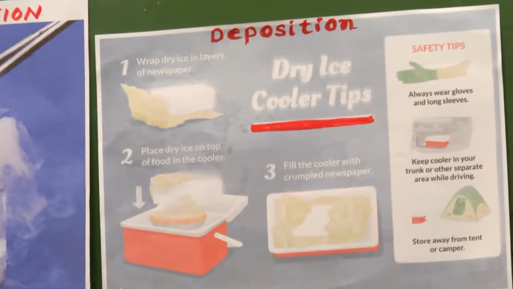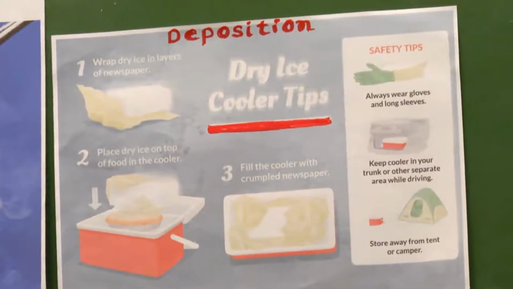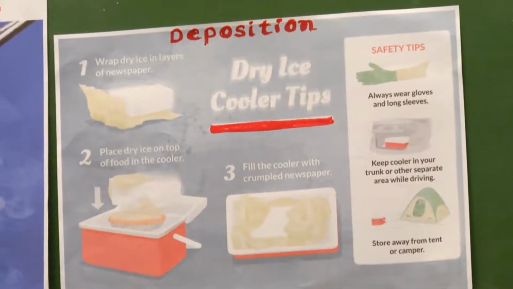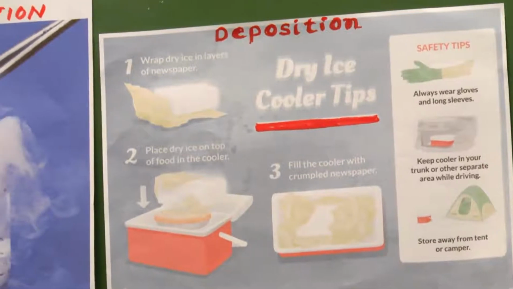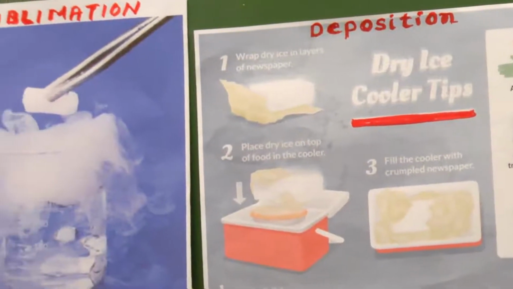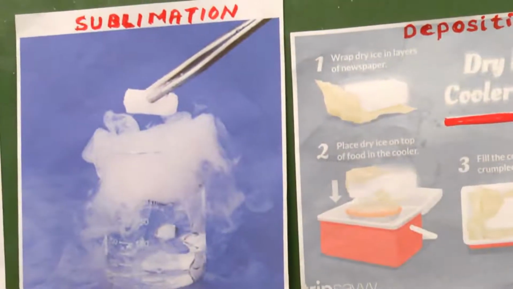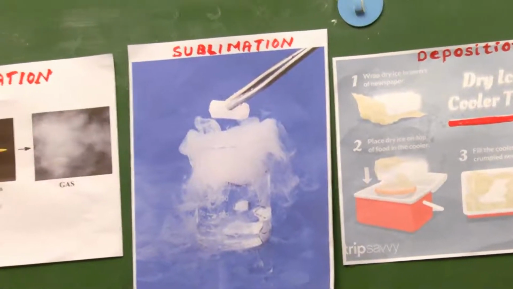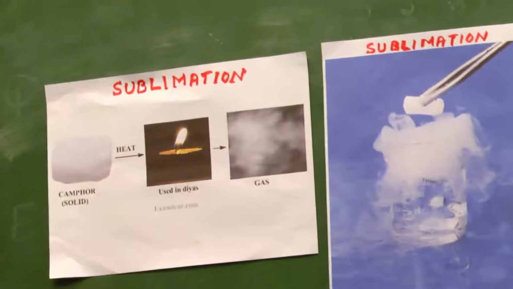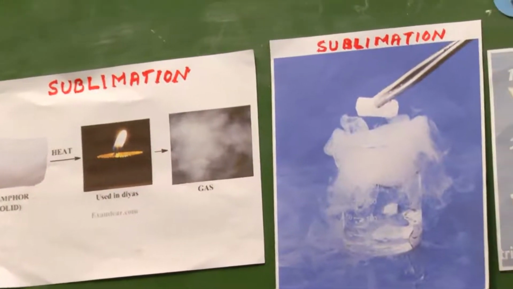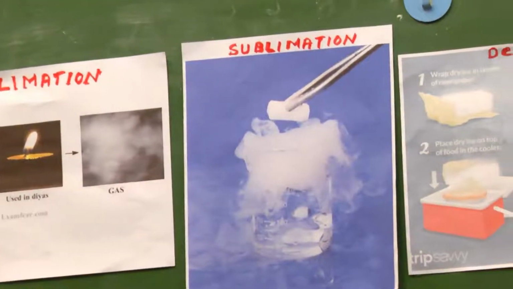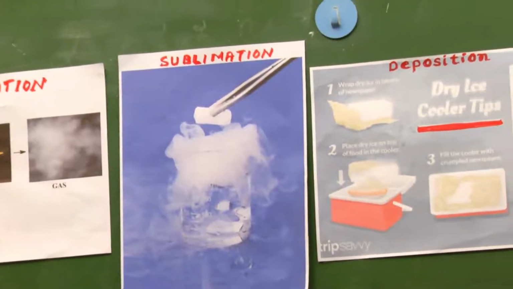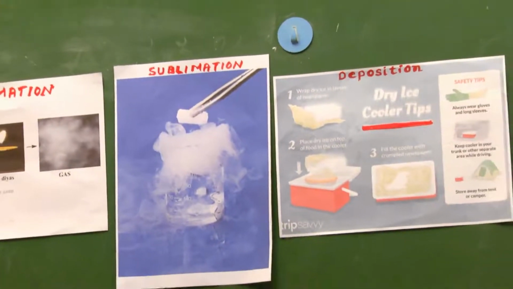When we carry our food to different places so that it should not get spoiled, we use dry ice, because we cannot carry water ice. So that is what deposition is.